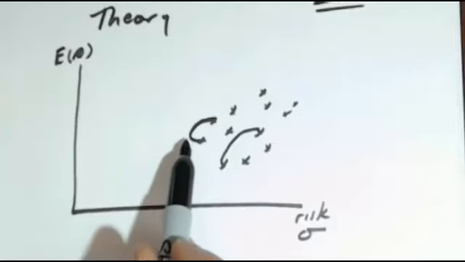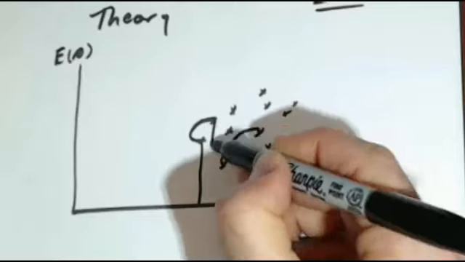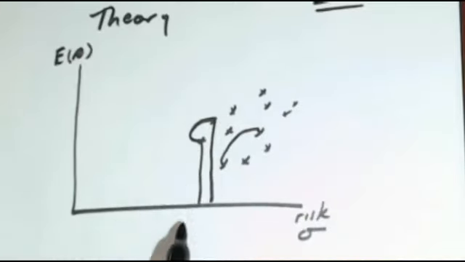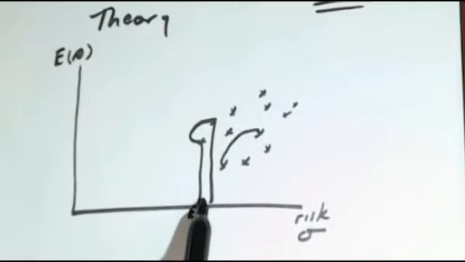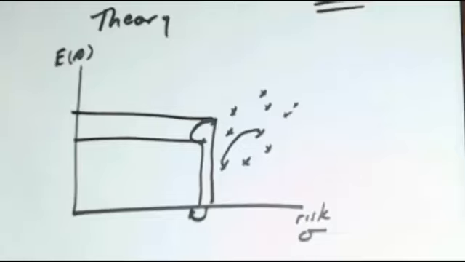The lower the correlation, the more bowed out you can be. So you can actually be at a point that has less risk than the range of the two stocks in the portfolio, but you still keep the range of the expected return.